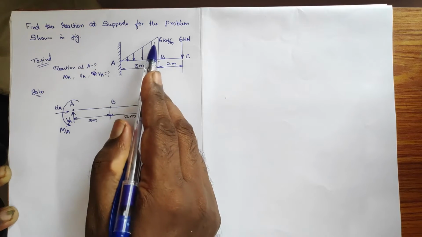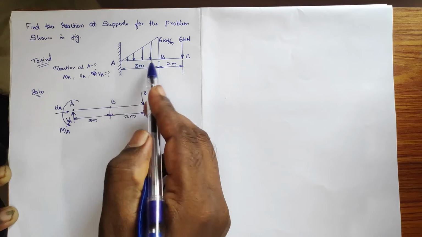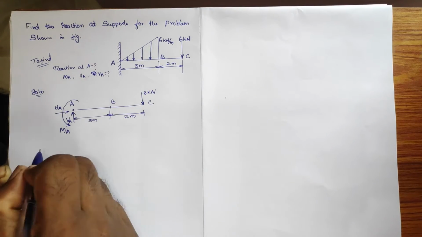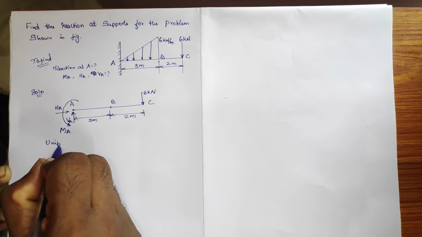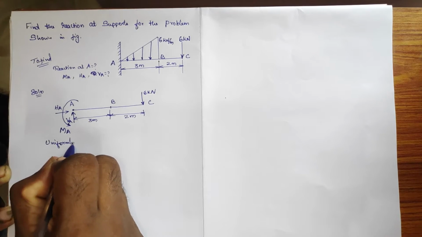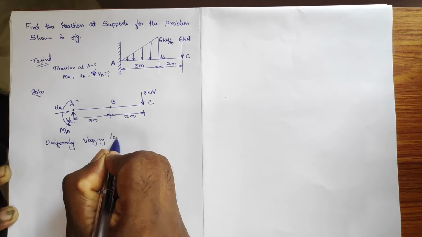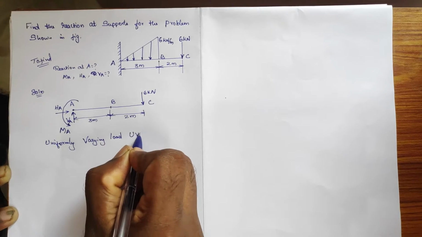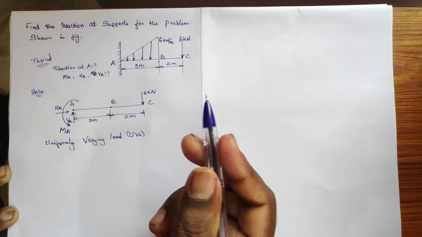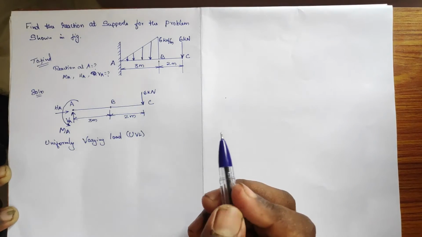And then here we have the UVL, the uniformly varying load. This must be converted into a point load.